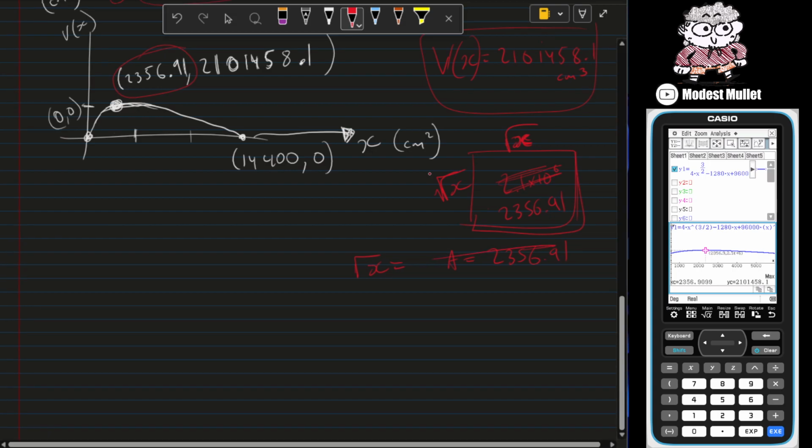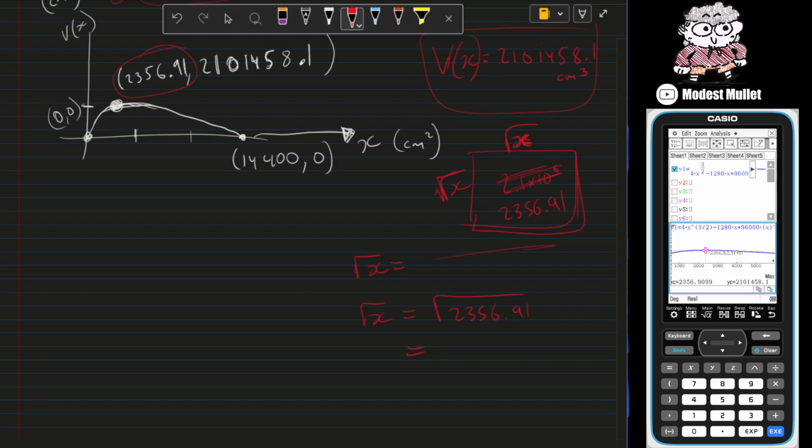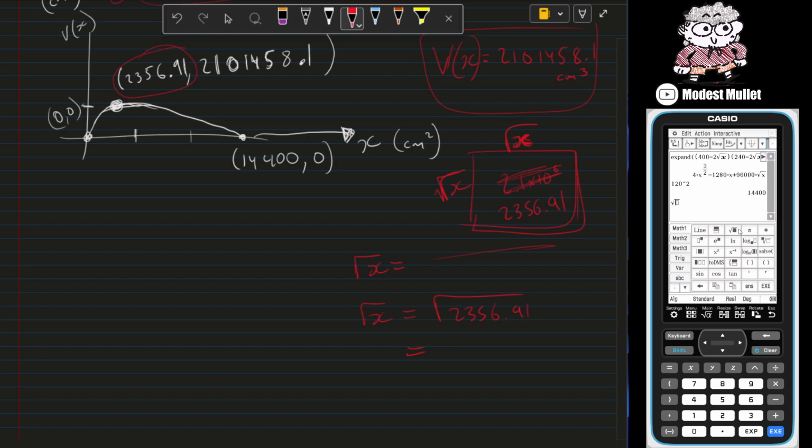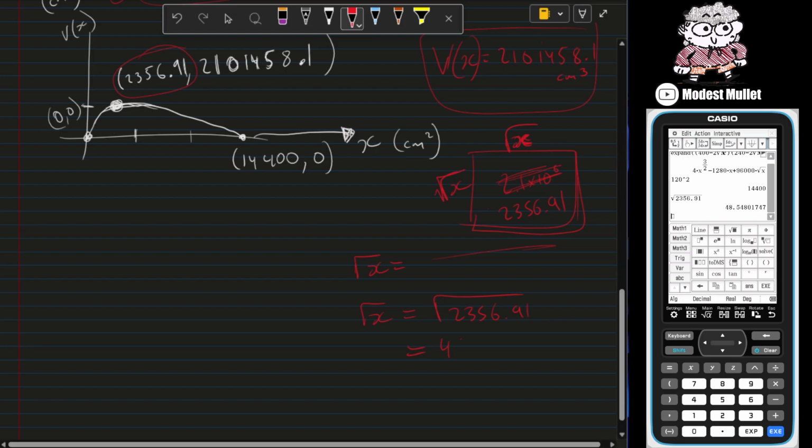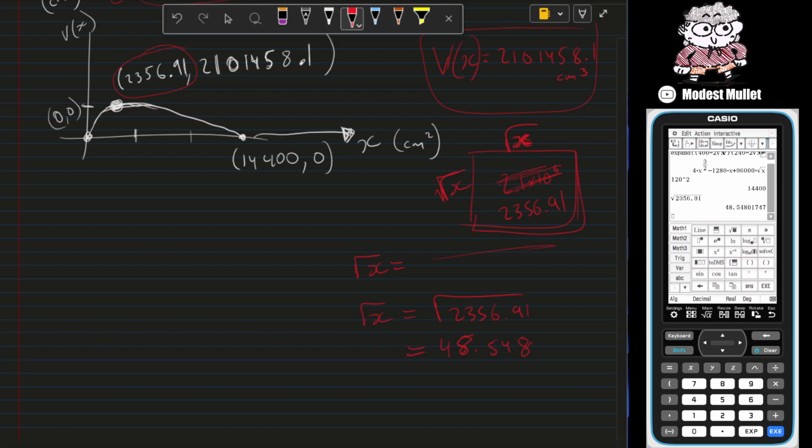So square root of x is equal to the square root of 2356.91, which if we go back to main, square root 2356.91 is 48.54801.